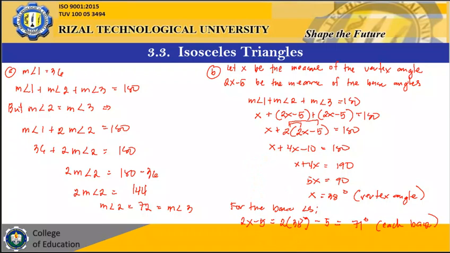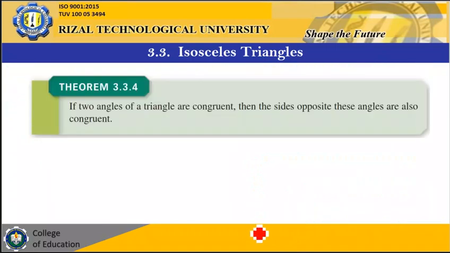So we also have a theorem. This is actually the converse of the previous theorem that we had about the base angles of an isosceles triangle.